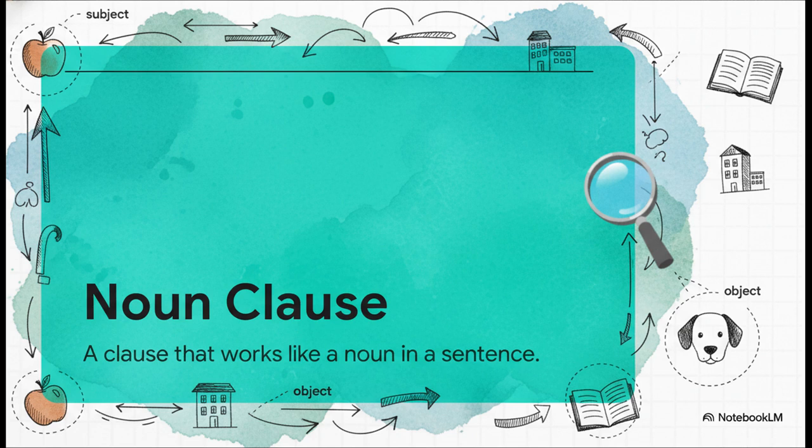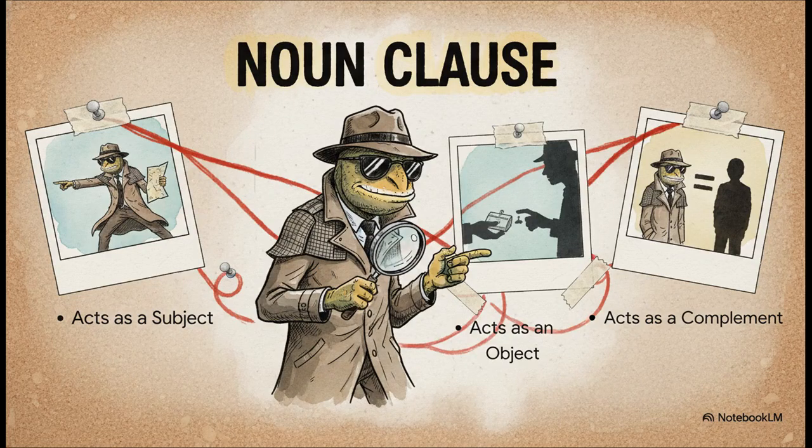It's not describing a noun. It's literally stepping in and being the noun in the sentence. It is the thing. And since it acts like a noun, it can play all the same roles. It can be the subject of the sentence, the one doing the action, or it can be the object, the one getting the action. Basically, anywhere a regular noun can fit, a noun clause can too.